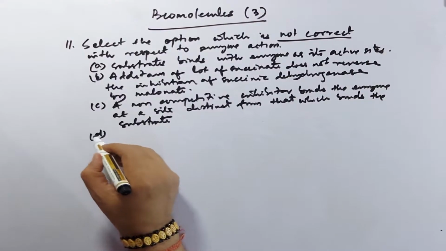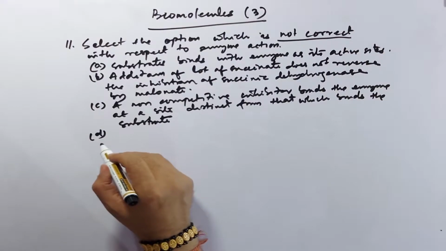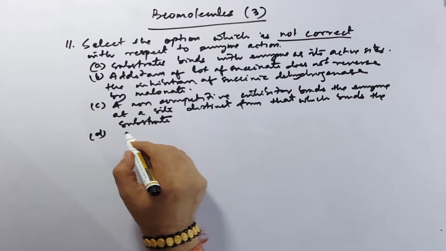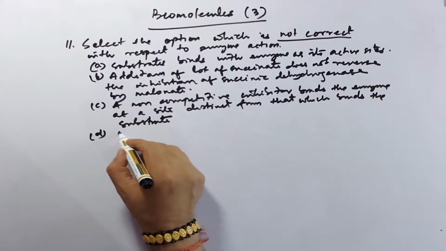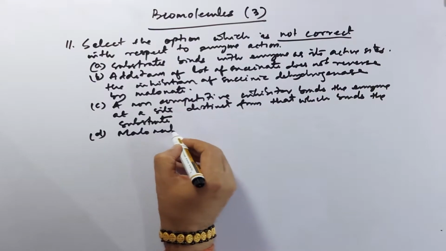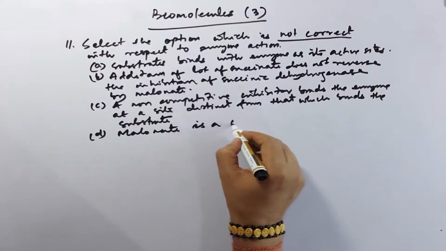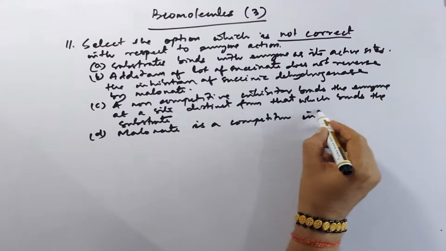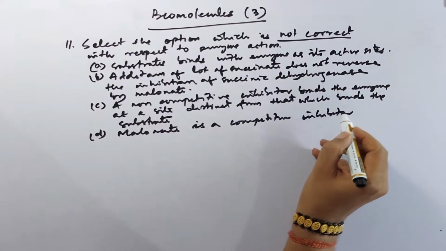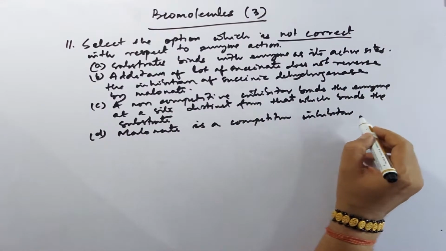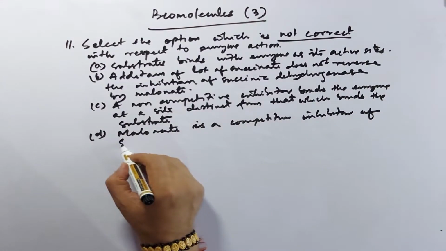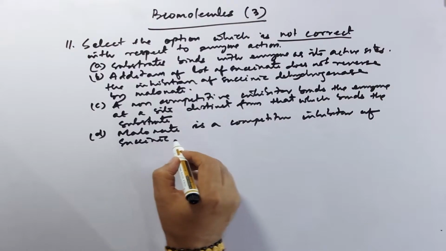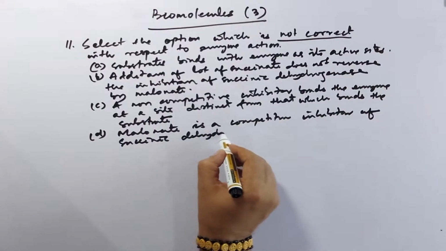And D option is malonate is a competitive inhibitor of succinic dehydrogenase.